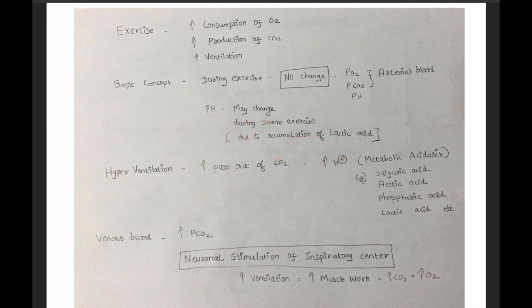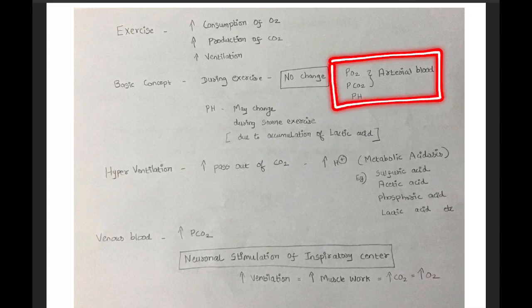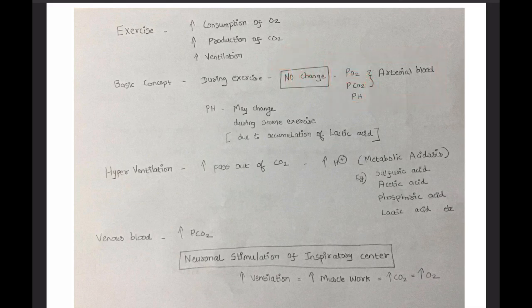So now during exercise always know that the partial pressure of oxygen and partial pressure of carbon dioxide will never change in the arterial blood. Always know this one. This is an important concept during exercise. And the pH will also not change, but given the circumstances during severe exercise, the pH may change.